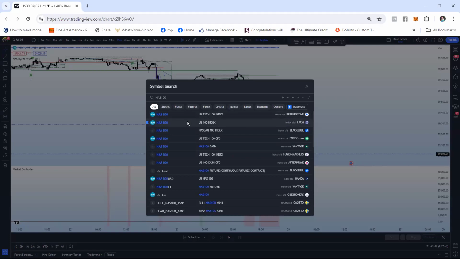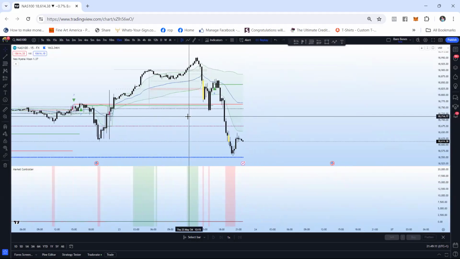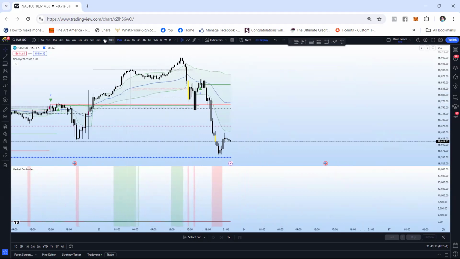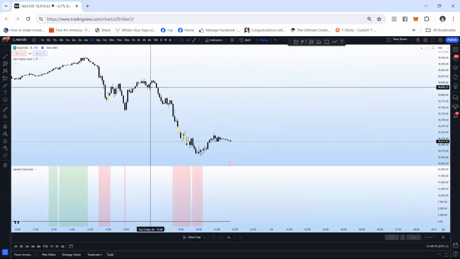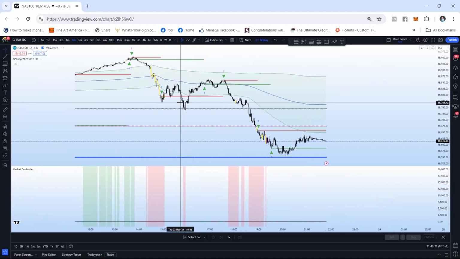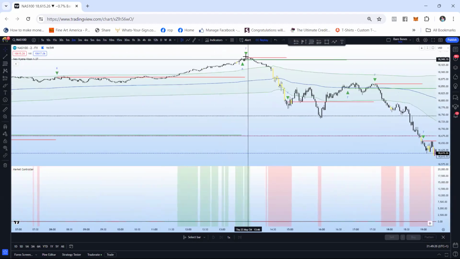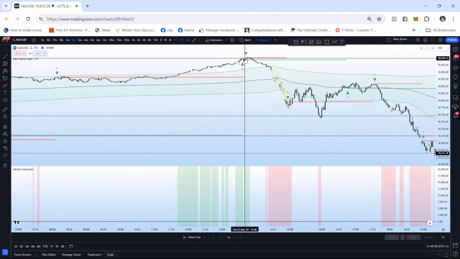Again, another thing: it doesn't matter what you trade, right? The concepts that I'm teaching you work across all markets, day in and day out. It's going to give you opportunity like on Nas, on the lower time frames. That's how you get these crazy entries.